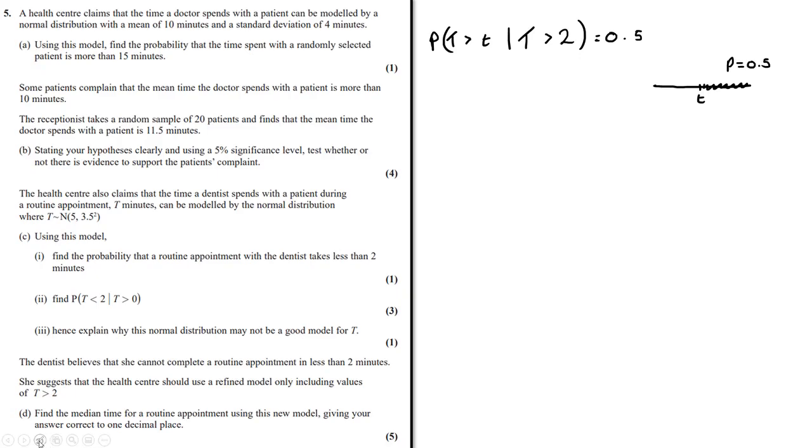And in a different pen colour, this probability will also be 0.5. So it doesn't matter if you said t being less than little t. I've just chosen t being greater than little t. Like I said, this is the median.